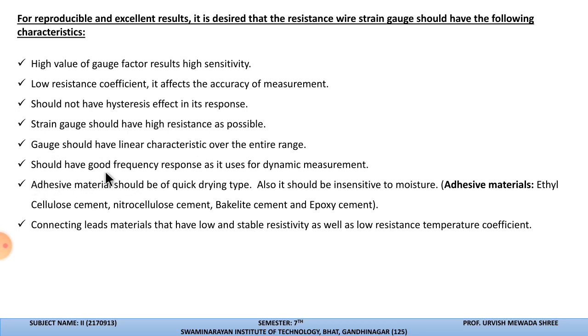Again, it should have a good frequency response. If the frequency response is good, then we can use it for dynamic measurement, meaning in an industry where continuous fluctuation in the input quantity is to be measured. Whenever the input is continuously changing, our transducer should respond properly.